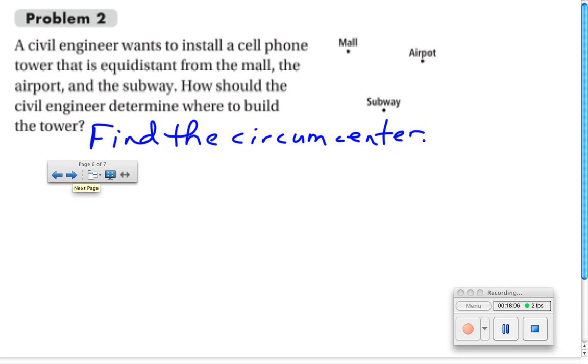On a problem like this, they're not asking you to figure out where that circumcenter would be. This civil engineer knows his way around a compass and a straight edge. He would figure that out. All they're asking you is which point would he be interested in.